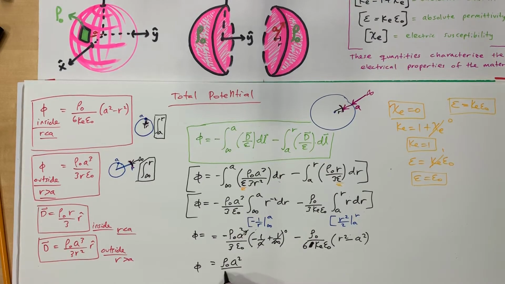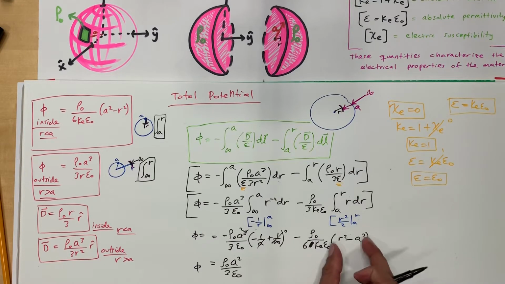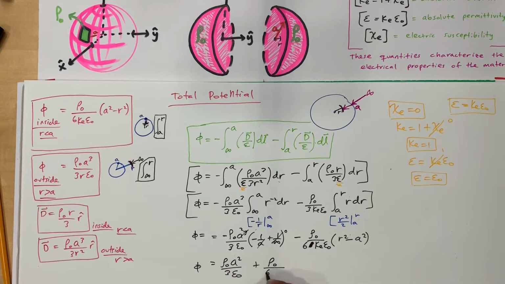And then this is over 3 epsilon naught. Okay, so that one's good. And here, I'm gonna distribute this negative in so I can rearrange the A squared and the R squared, just to have everything positive. So rho naught over 6 Ke epsilon naught. And then since I flipped these, I got A squared minus R squared.